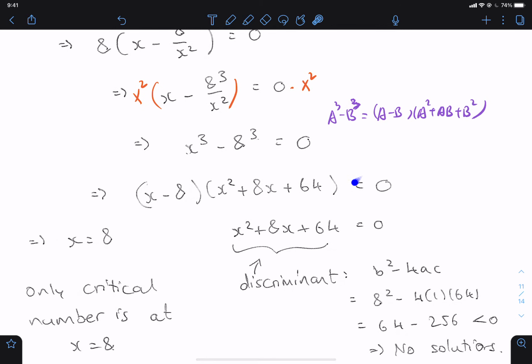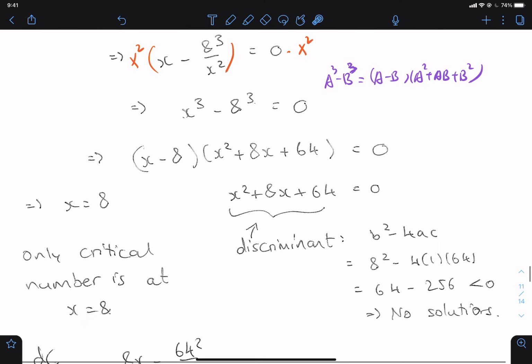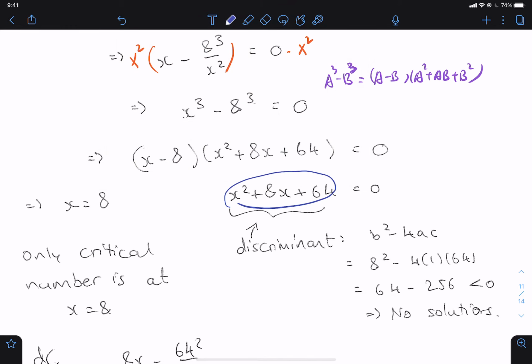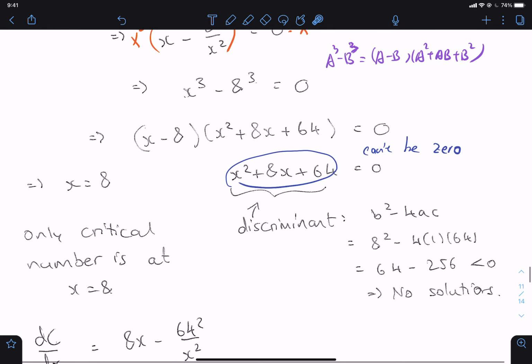So this equal to 0 means either of the factors is 0. So it could be that this is equal to 0, or this expression equals 0. But the point is that this expression can't be 0. Because when we look at this discriminant, b squared minus 4ac, the discriminant is less than 0, which means this equation has no solution.